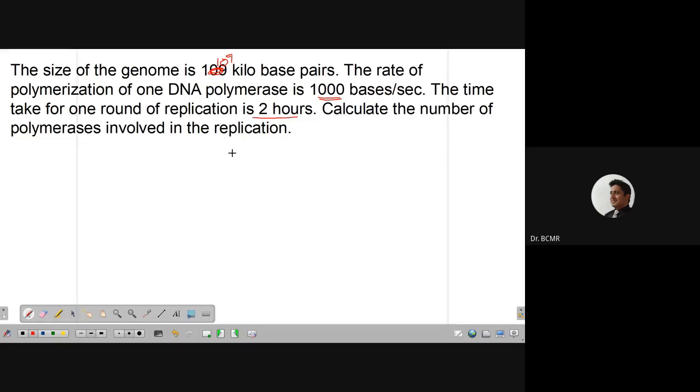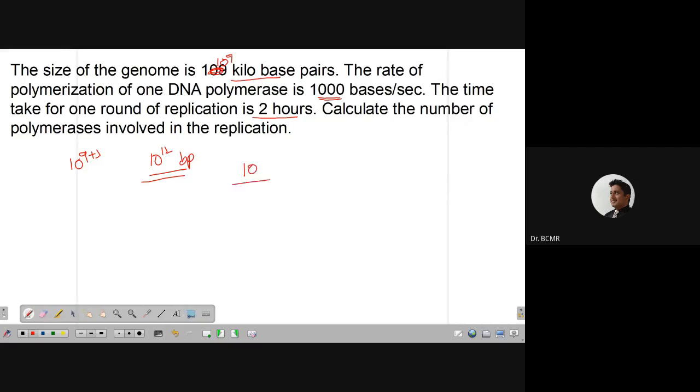Calculate the number of polymerases involved in replication. That requires your proper visualization also. And I said kilo base pairs. That means it's something like 10 to the power 12 base pairs. You have to form these many.